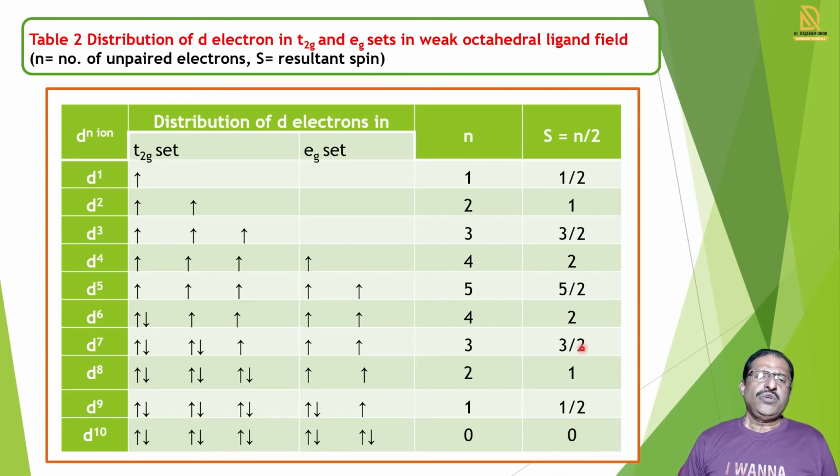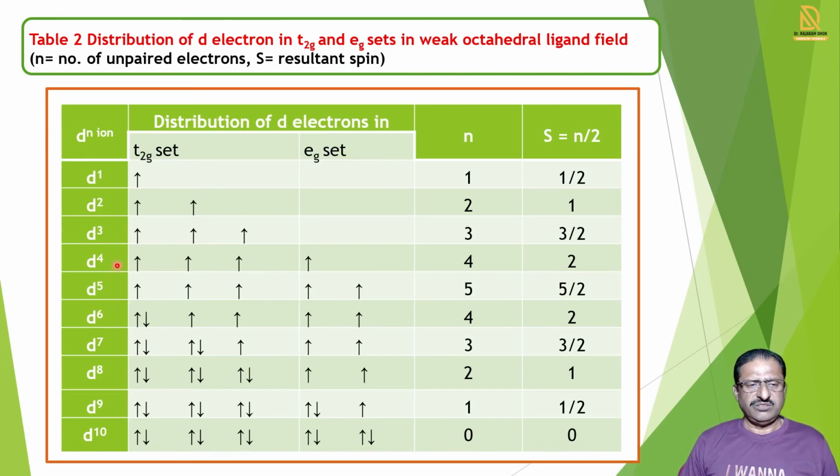Now we see the distribution of d electrons in T2g and Eg in a weak octahedral ligand field. Again in a similar way, d1, d2 and d3 are filled in the T2g orbitals. Now the d4 case.